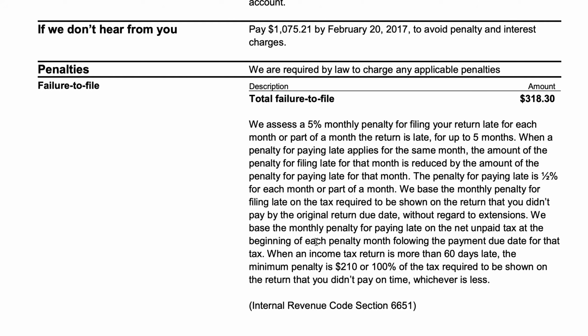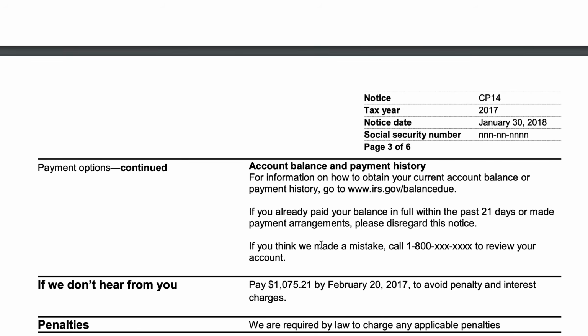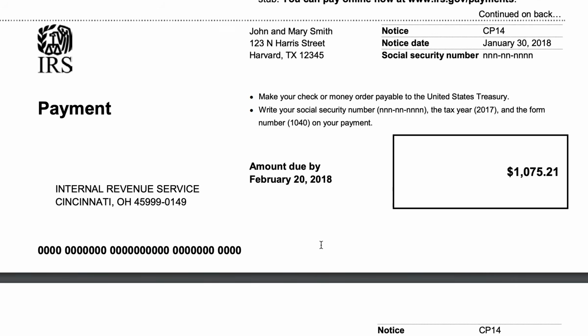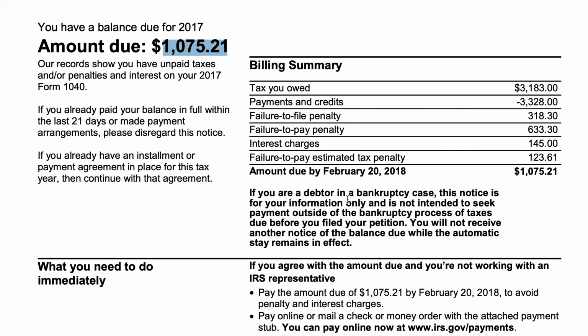Now, if the income tax return is more than 60 days late, then the minimum penalty is $210, or 100% of the tax that you should have paid on time, whichever is less. So if we go back up to here, we see that the failure to file penalty is $318.30.